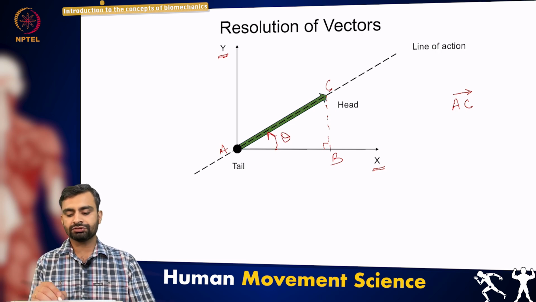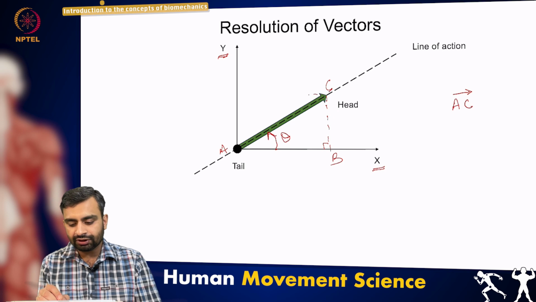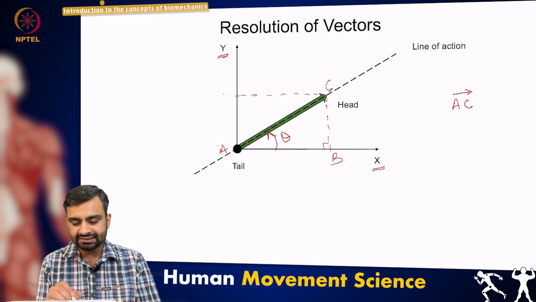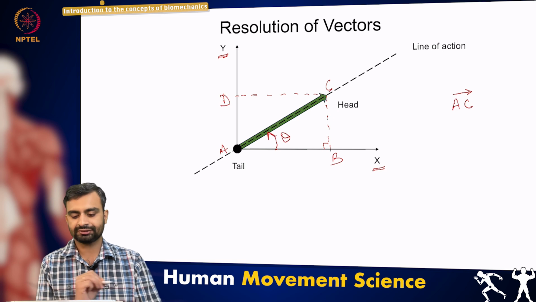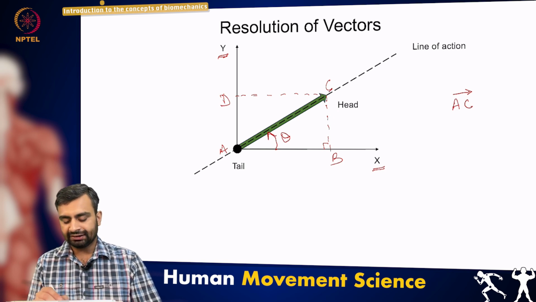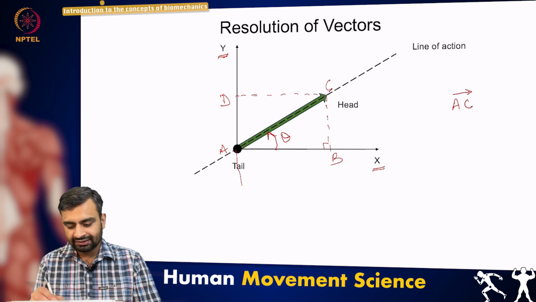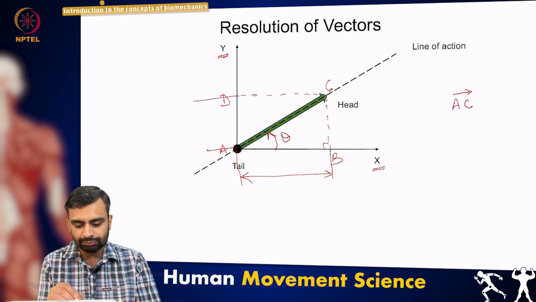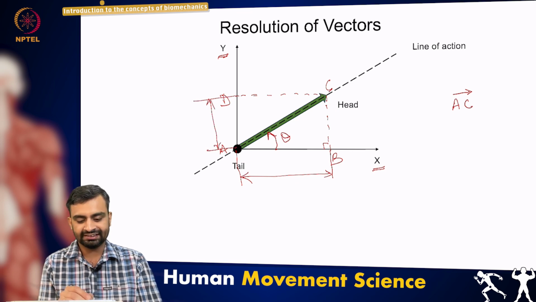It can be resolved into two components. Similarly, if we draw a projection of point C on the y-axis, let us name this point D. The horizontal component of the vector is AB and it is a scalar quantity. Similarly, the vertical component of the vector is AD.